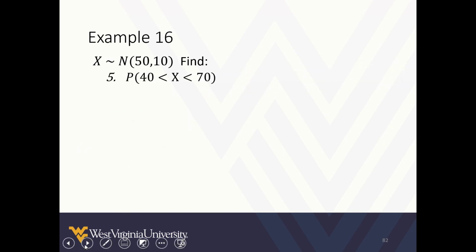Okay, so let's wrap this up, finding our part 5, which is the probability of 40 less than x less than 70. Just as before, we had to find the probability of x being less than 70 minus the probability of x less than 40. We're going to do our simple conversion.